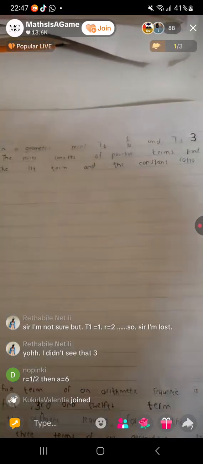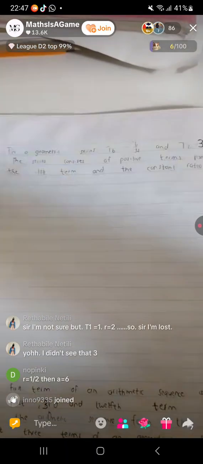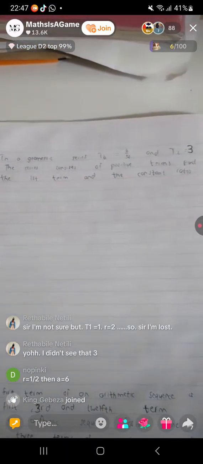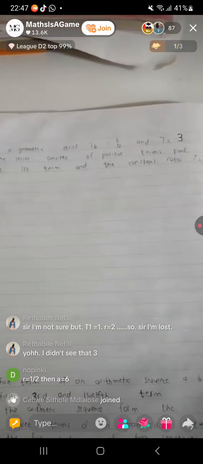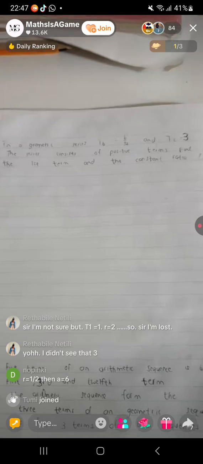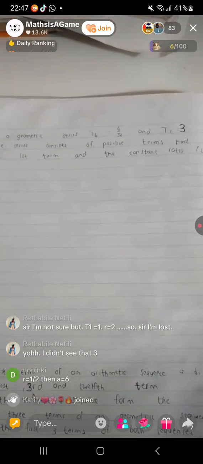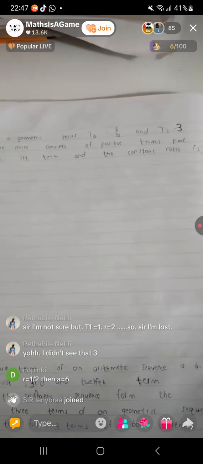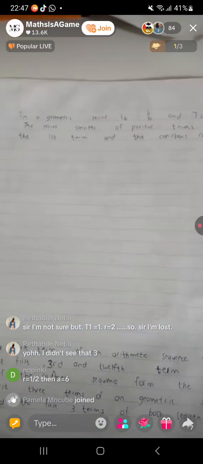Can we confirm Nopinki's answer? Nopinki says A is 6 and r is equal to half. Can we confirm that or disagree? Agree, disagree, or we agree to disagree, or we disagree to agree?